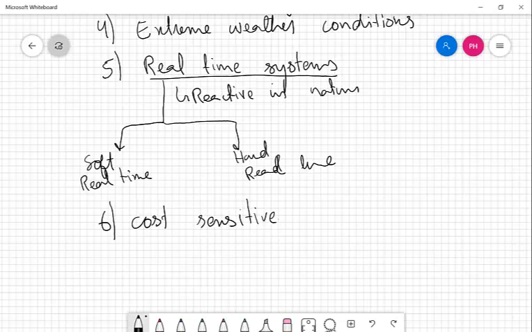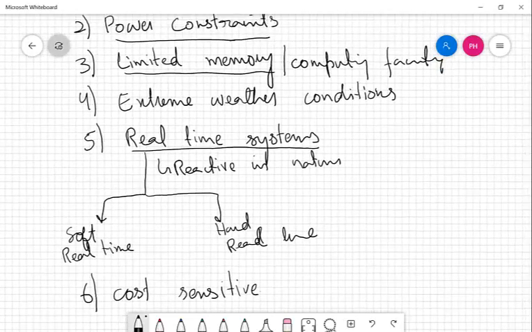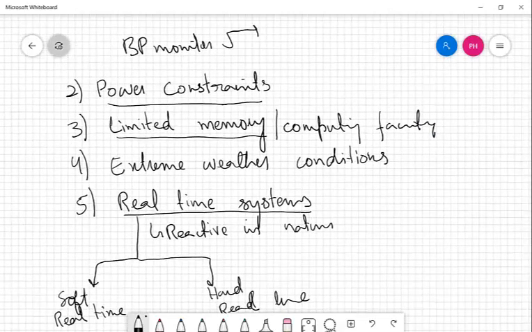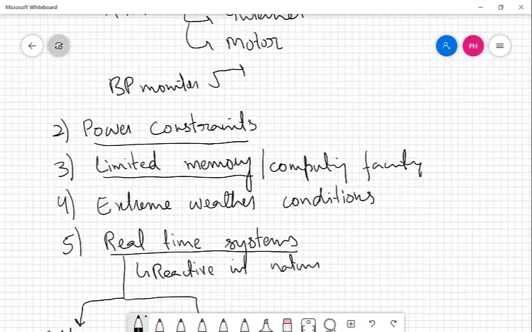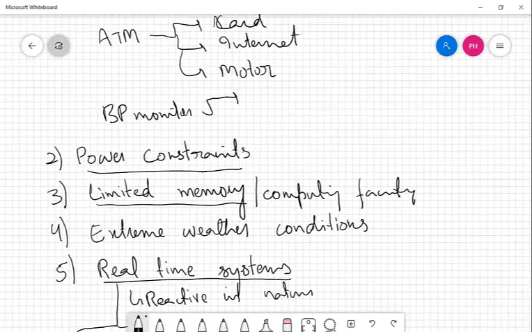We also have to take care that it should be interfaced with various types of sensors, various types of output devices, and various types of displays. So these are constraints which we don't have in general purpose computers. With general purpose computers, we don't have to deploy them in extreme weather conditions. We may not have limited memory there, we may not have power constraints there.